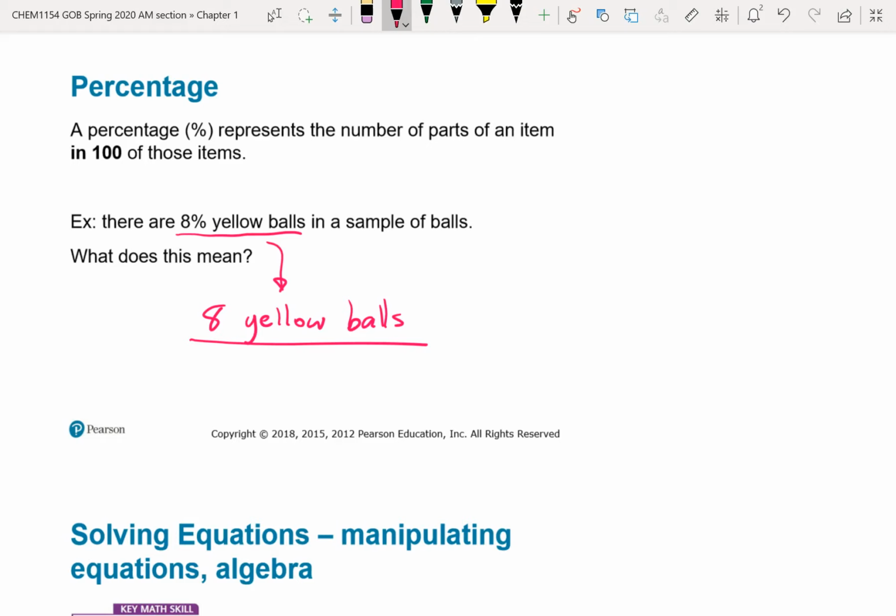Percentage always means out of 100, right? So it's 8 yellow balls out of 100. That's what it tells you when you see percent.